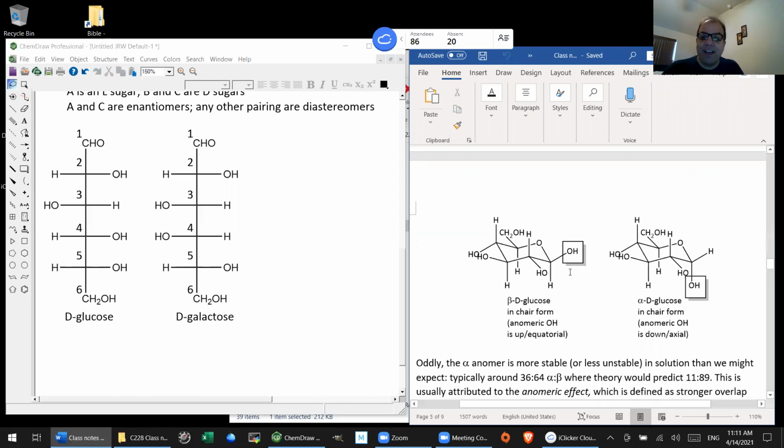Notice that except for the anomeric OH, which can be either up or down, depending on whether you've got beta or alpha D-glucose respectively, when we draw the sugars in the chair form, all of the other non-hydrogen groups, all of these 3 OHs plus the CH2OH, are equatorial for D-glucose. I don't know why, I think it's just a coincidence, but it's a very happy coincidence. So also be prepared to draw these chair forms as well, and I hope you'll find it helpful.